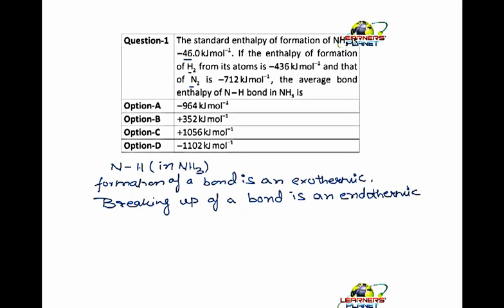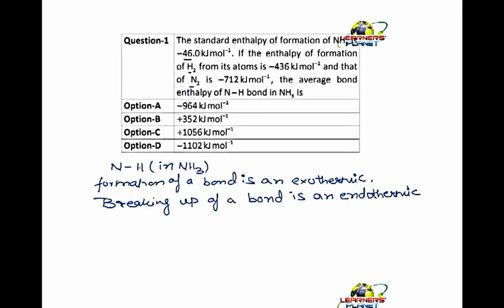So for the formation of ammonia, the hydrogen bond should be broken and also the nitrogen bond should be broken, right?